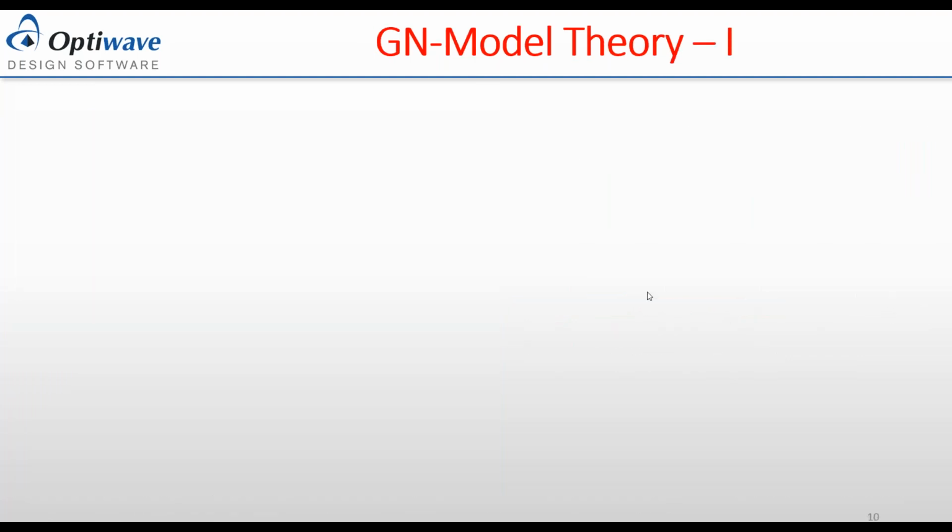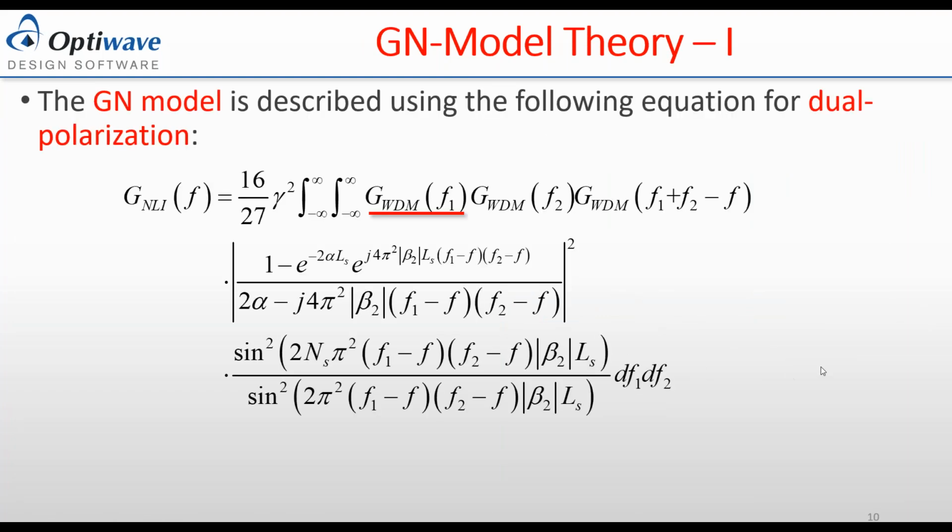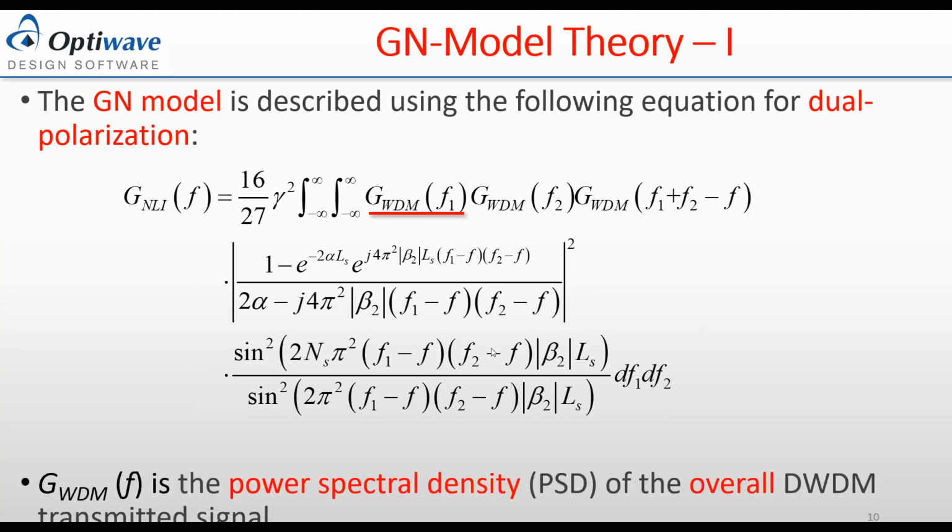Okay, now we're going to talk about the model itself, the theory behind it, and the general equation used for the GN model. As you see, it's a very complicated equation which describes the power spectral density of the nonlinear interference in a system of multiple DWDM channels modulated as QAM, MQAM or MPSK. This power spectral density of the noise depends on the power spectral density of the overall DWDM channels transmitted, as you see in this term.